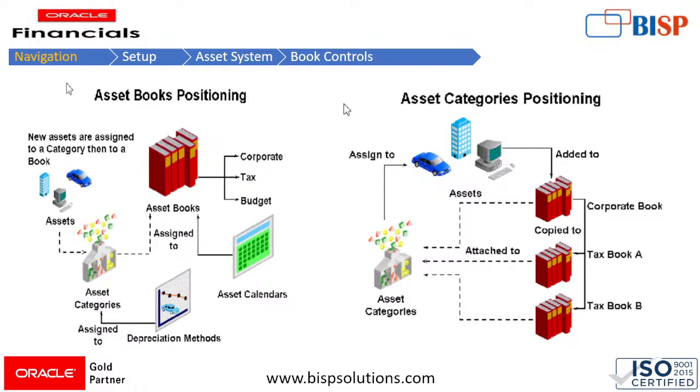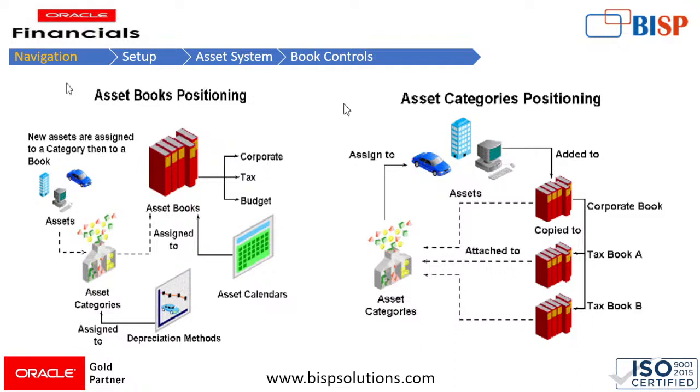And as we had discussed in a previous session, the corporate book is governed by corporate laws and tax book is governed by the tax rule of any country. Right, and an asset calendar is assigned to that asset book. Right, so let us start with that.